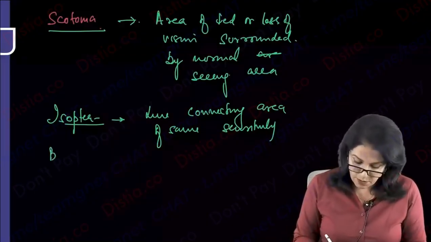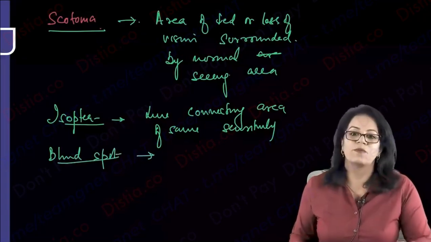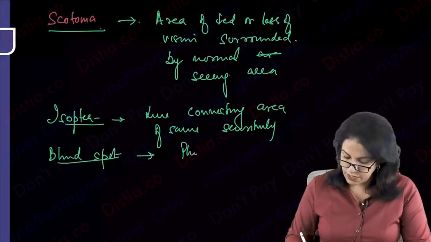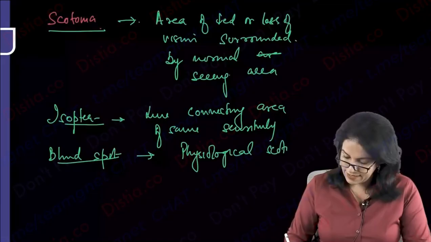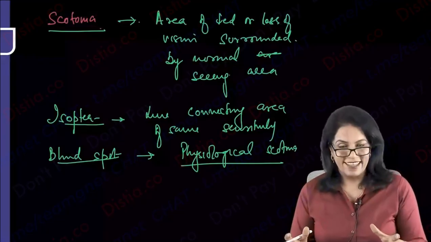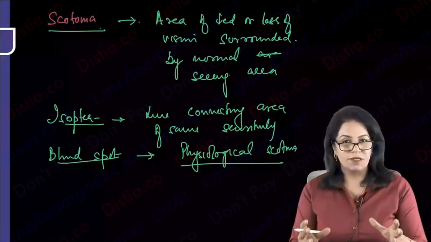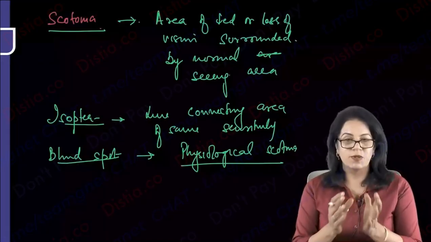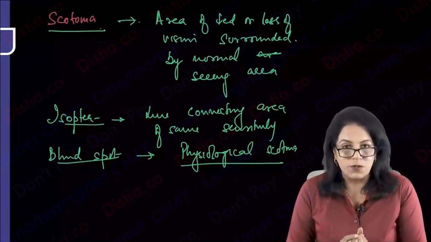So what is blind spot? Blind spot is your physiological scotoma. It corresponds to the optic disc. So now you know what is a visual field and what different isopters mean. We also know what is a scotoma and what is a physiological scotoma.